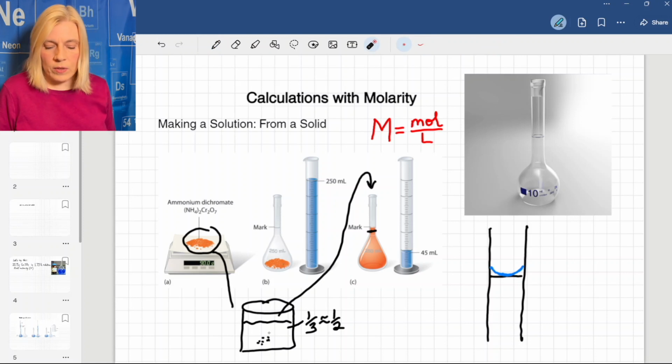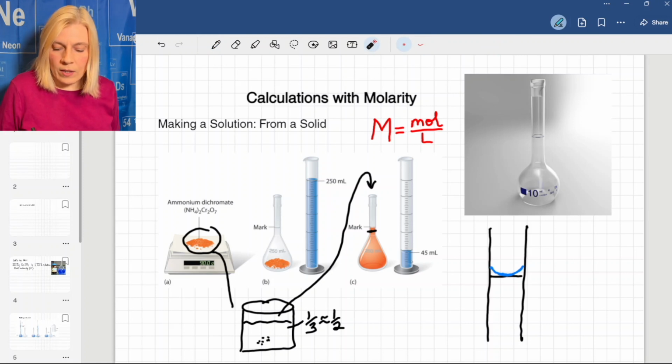Let's just say we dissolved it in some water, and then we added water to the end of this 250 milliliter volumetric flask. This picture also shows you that if you have 200 ml of water, you will not be able to add all of 250 milliliters into your volumetric flask. It will be actually less, but your solution volume will have 250 mLs. So just keep that in mind.